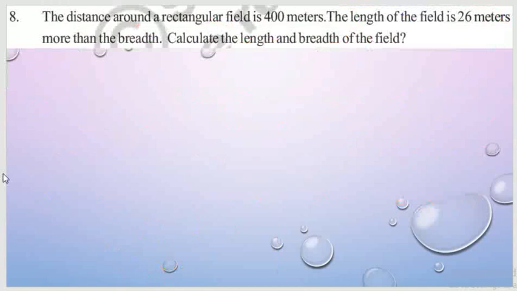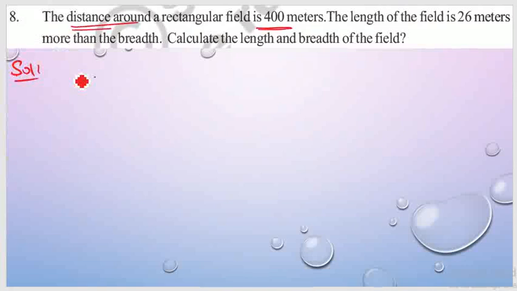Next, question number 8. Now this particular problem is related to perimeters and areas, right? So we are going to have different types of questions. Now let us see this question, question number 8. If you observe the question, the distance around the rectangular field is 400 meters.